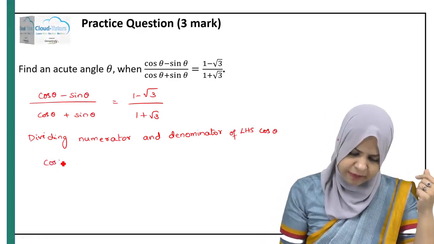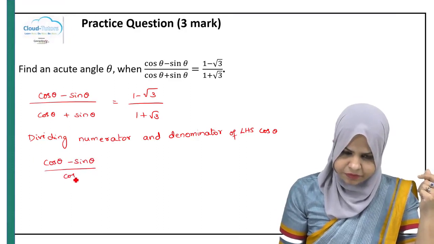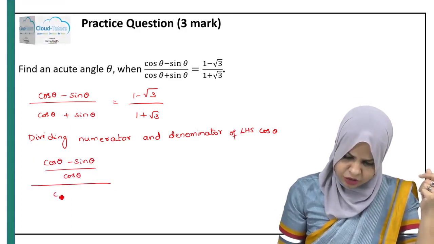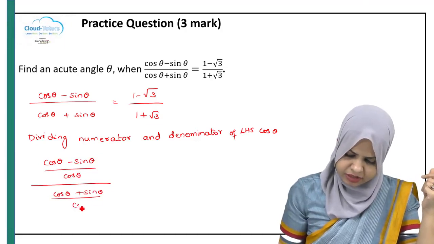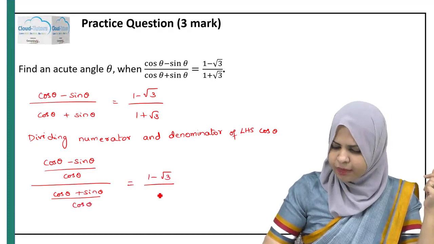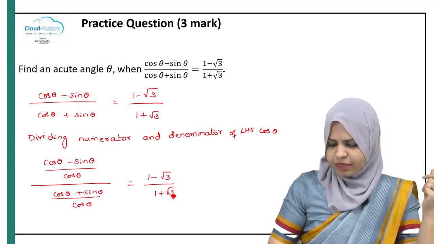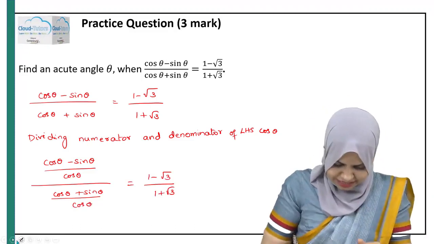So cos theta minus sin theta by cos theta, by cos theta plus sin theta by cos theta, is equal to 1 minus root 3 by 1 plus root 3. Right? Here again I will be splitting. Why am I splitting? Let's see that.